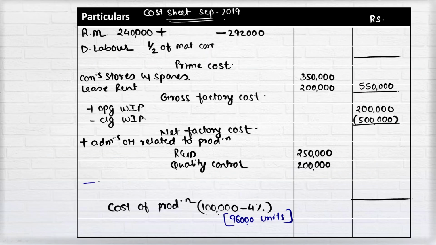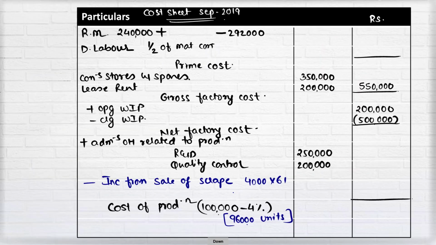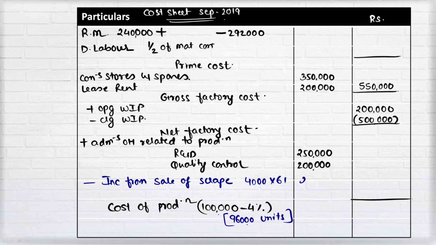So I get income from sale of scrap, 4,000 into 61, 2,44,000.